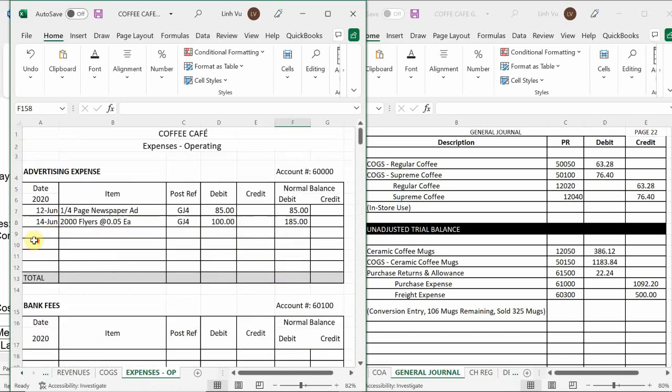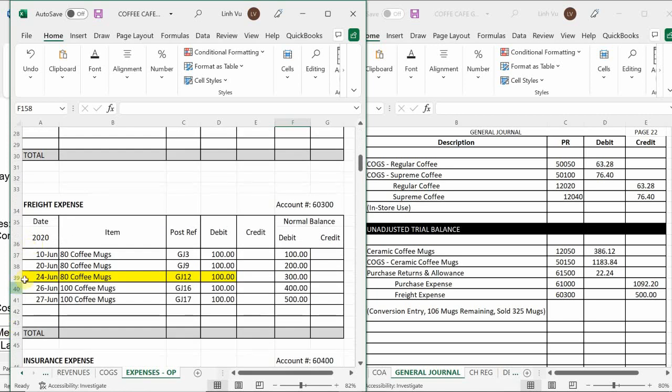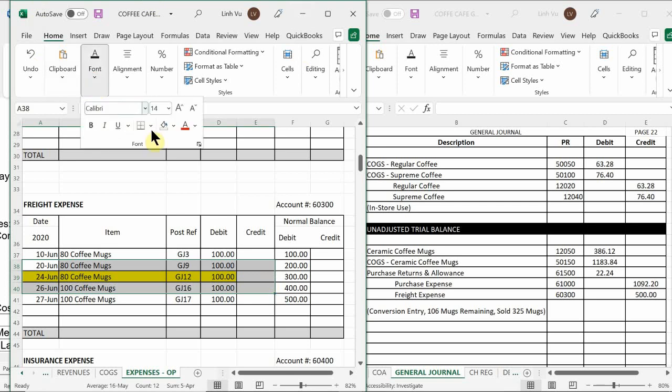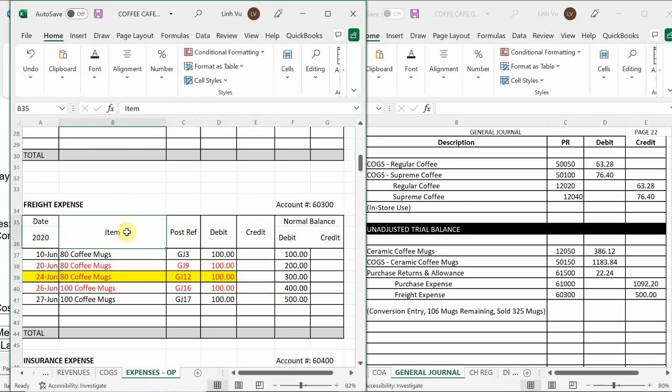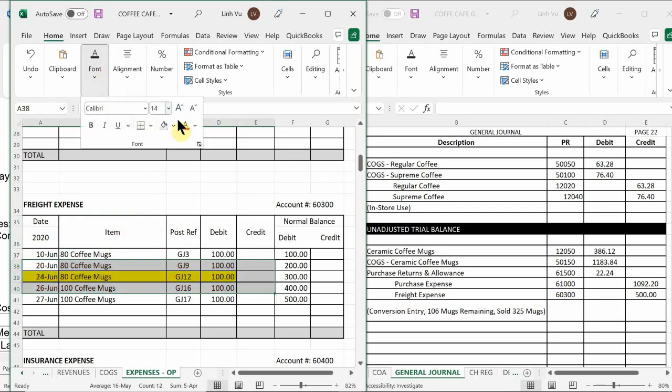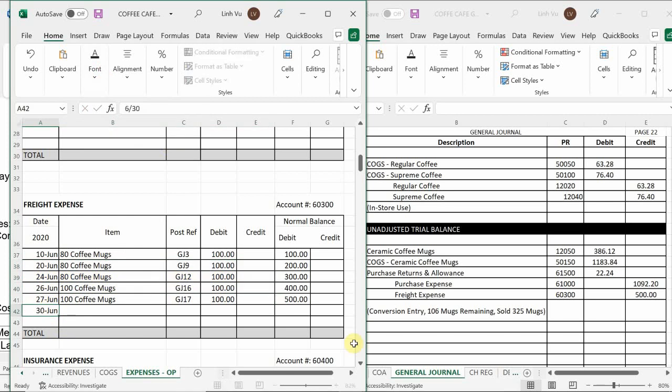Last account we have to modify is our freight expense. We are going to... I keep hitting the wrong one. Right, conversion entry.